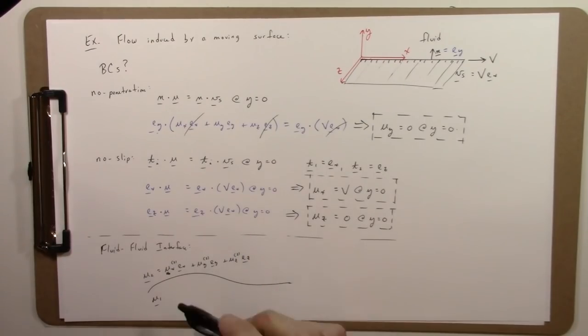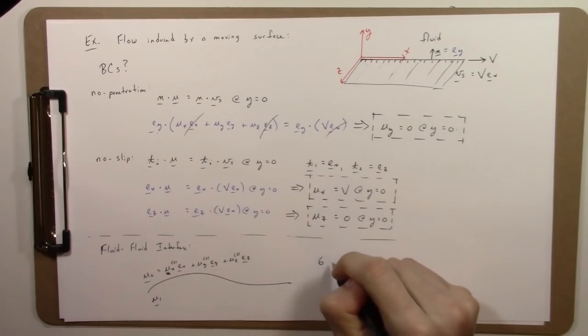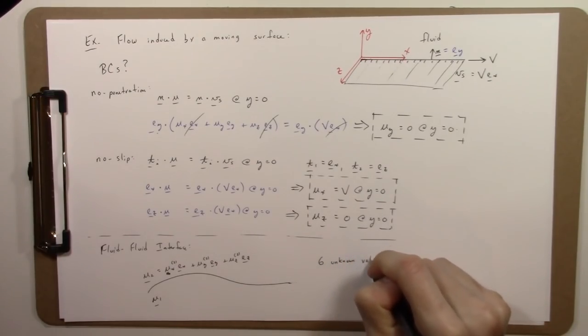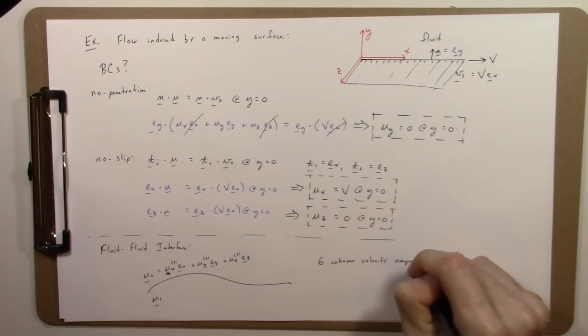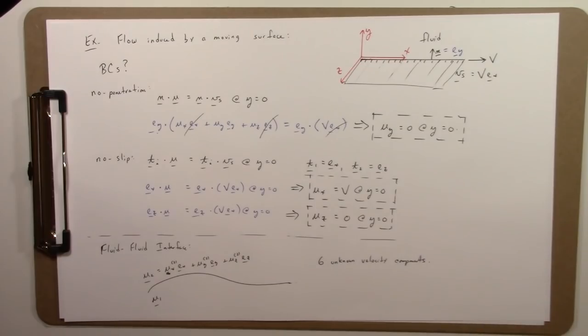We have the same thing for U1. So at the fluid-fluid interface, there are in general 6 unknown velocity components, compared to the 3 at a fluid-solid interface, because there are 2 fluids, and typically we don't know the velocity in either. So we have 3 components in U2 and 3 components in U1, giving us 6.